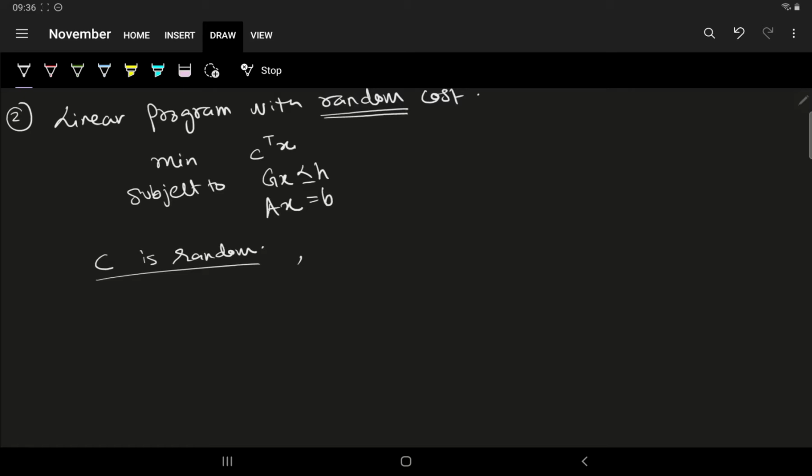So we say that the mean is c bar, and the covariance of c is the expectation of c minus expectation of c times the transpose of it.